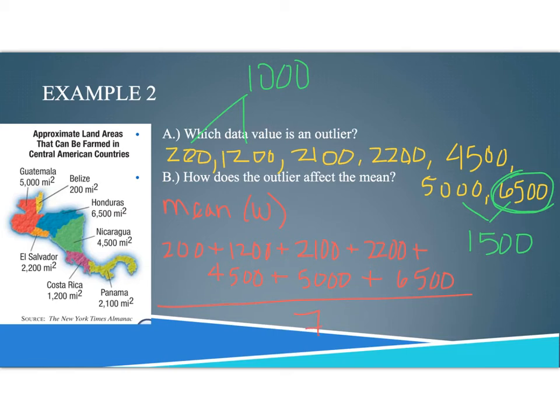So if I add those all up and divide by 7, this gives me an average or mean of 3,100 square miles on average.